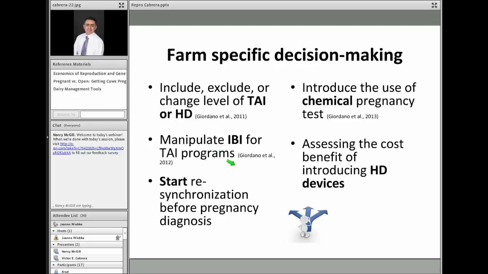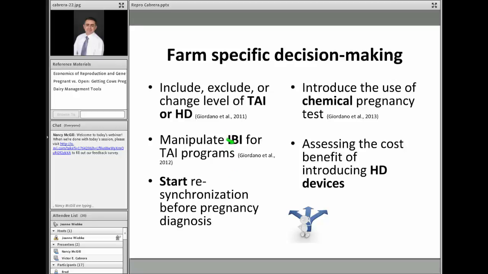Other assessments we can use this tool for is start resynchronization before the pregnancy diagnosis. That will have a relationship with the interbreeding interval, because the main point of doing the resynchronization even before knowing what is the result of the previous breeding, will make us gain time and decrease the interbreeding interval.